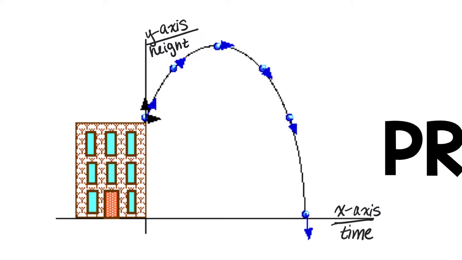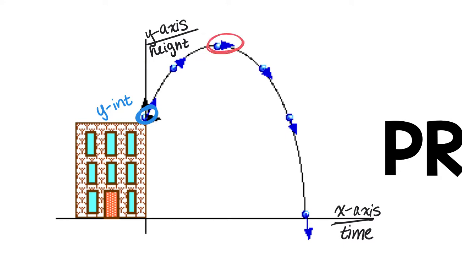So if the object is launched from the edge of the building, this one would be my y-intercept or my starting point. Sometimes the starting point is at the origin at 0, 0 if something was launched from the ground, and it could be at a height of whatever depending on where the object was launched from or thrown from.